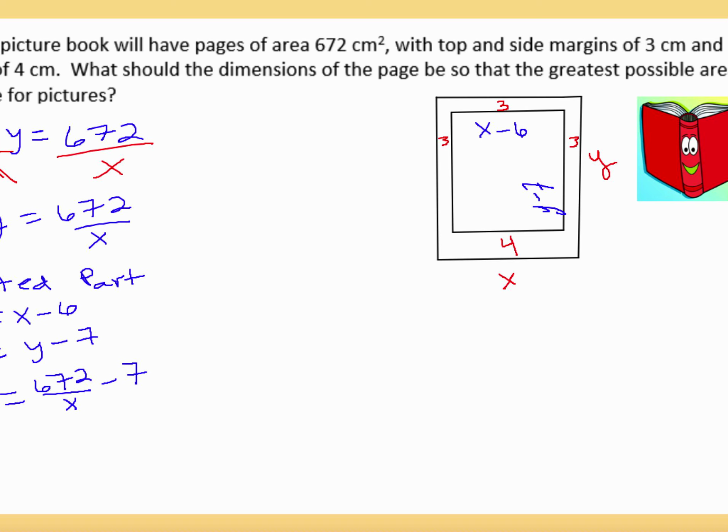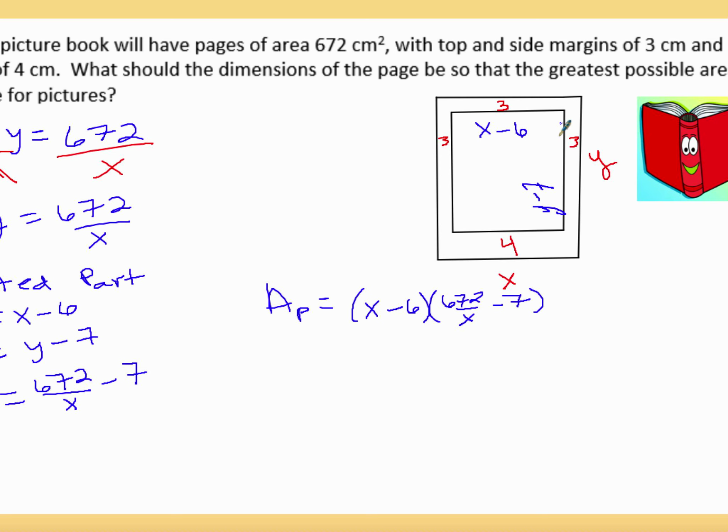So the area of the printed part, I'll call that A sub P, is X minus 6, the width, times 672 divided by X minus 7. That's our length. Width times length.